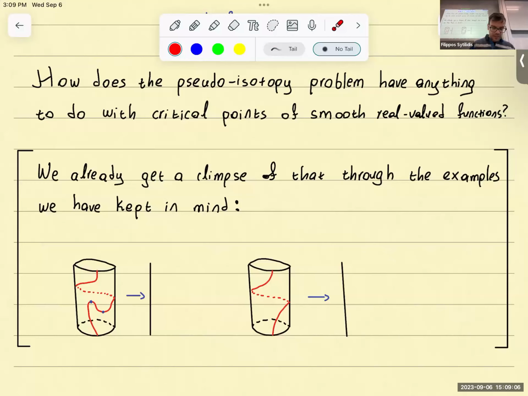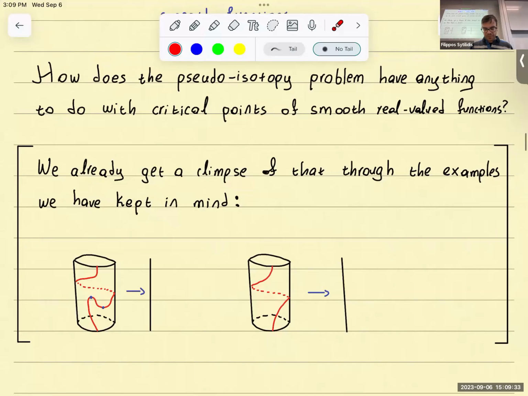I told you that this represents really a pseudo-isotopy, and this represents an isotopy. The fact that there is an isotopy going from the left to the right is the statement that we can cancel those two critical points together. That's just at a very high level a hint of where that connection might come from.